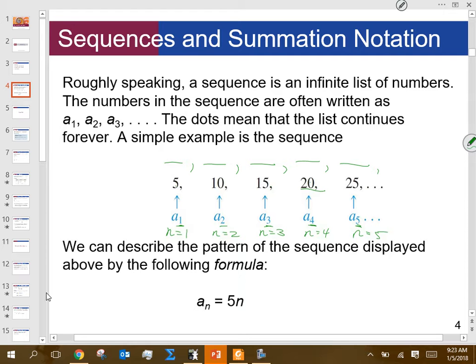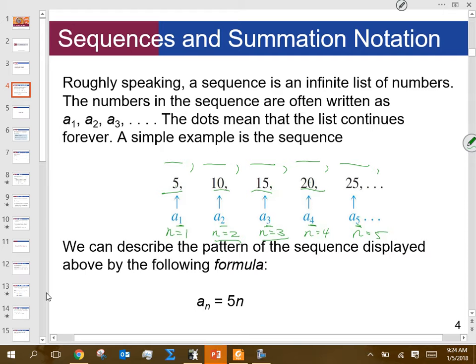And they ask you, can you come up with a rule? Well, if I look at this sequence of values, if I take my n and multiply it by 5, do I get that number right there? If I take this n and multiply it by 5, do I get that number right there? If I take that n and multiply it by 5, do I get that number right there?